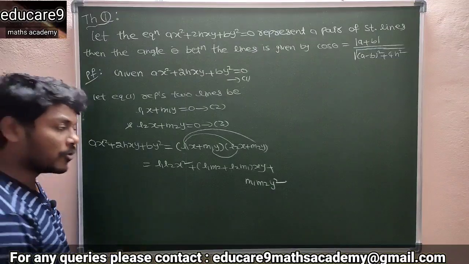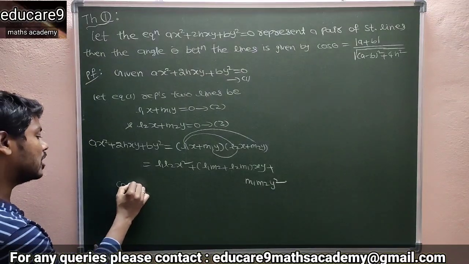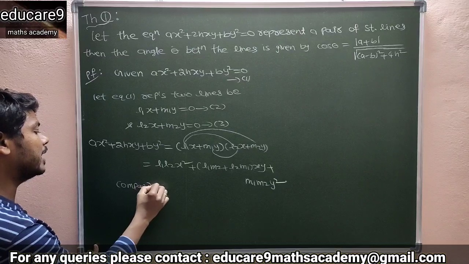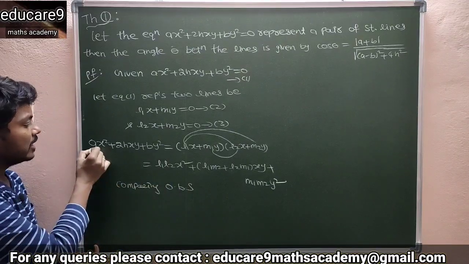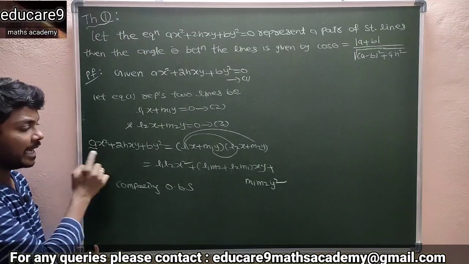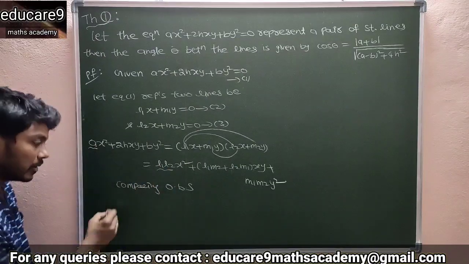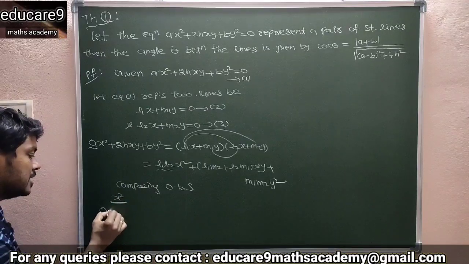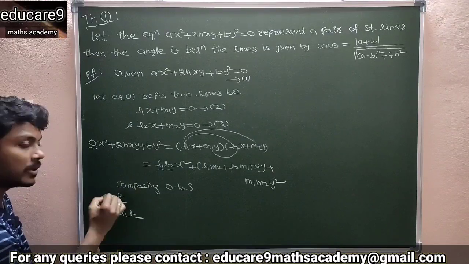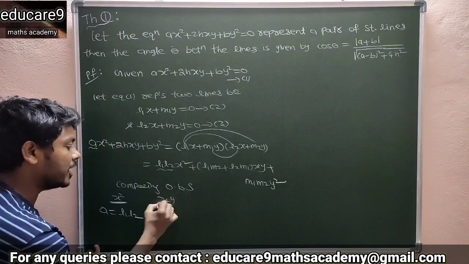Now comparing the coefficients on both sides, see here what you get. What is the x square coefficient? A, and here L1 L2. So A is equal to L1 L2. Next, the xy coefficient.